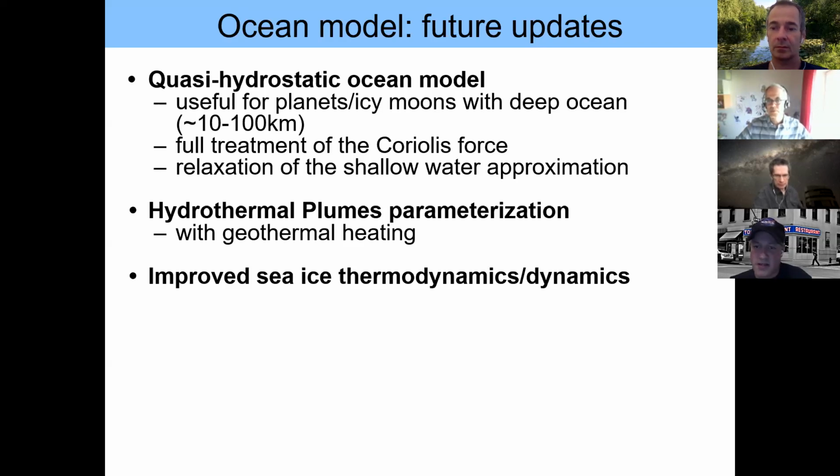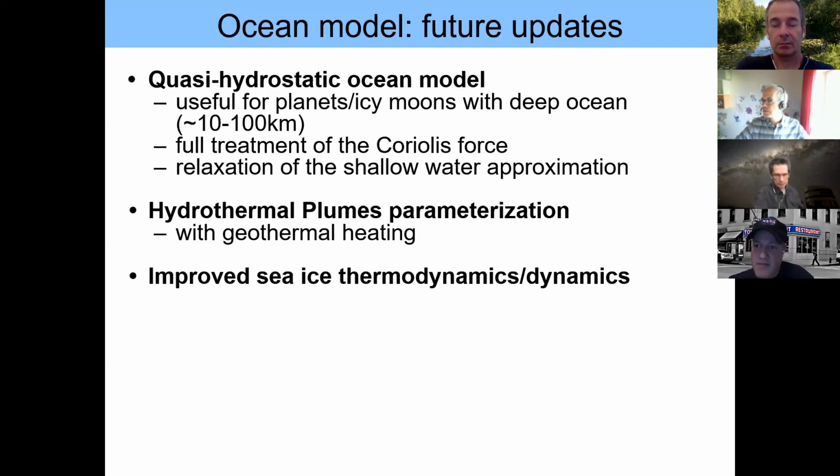As Mike also said, we're currently developing a quasi-hydrostatic version of the ocean model that will allow us to simulate deep oceans on the order of 10 to 100 kilometers deep, like the ocean we can have under the ice of icy moons like Europa around Jupiter and Enceladus around Saturn.